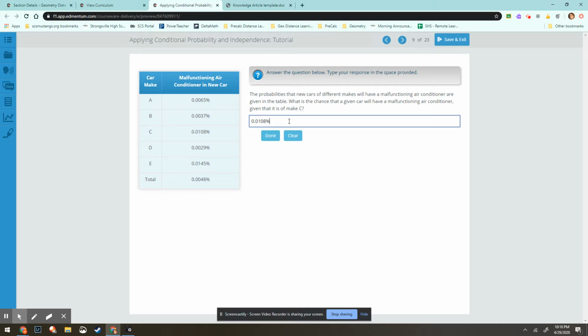And I just want to point out, if I didn't have this 0 here, I believe it's going to mark it incorrect. But if I put that 0 in front, okay, try again, 0.0108. Then it'll say, yeah, you're right, even though I just forgot to put the 0 in front.